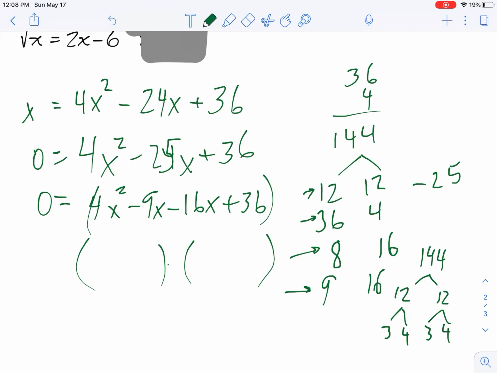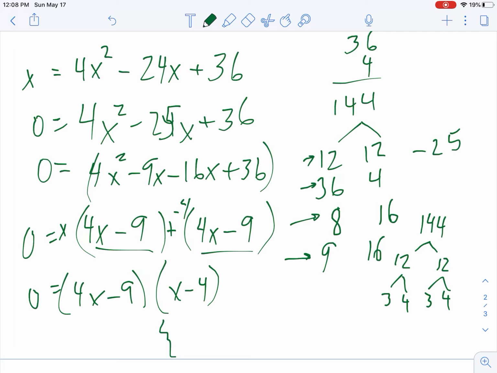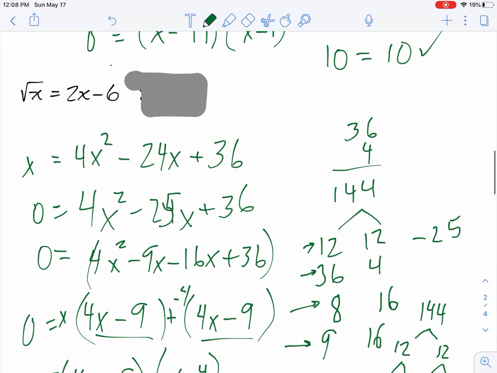I'm going to factor out an x from 4x squared minus 9x and get x times 4x minus 9. I'm going to factor out a negative 4, and I should have 4x minus 9. Cool, notice these should be the same. So 4x minus 9 and x minus 4. Those are my solutions. So 9/4 and 4 should be my solutions.